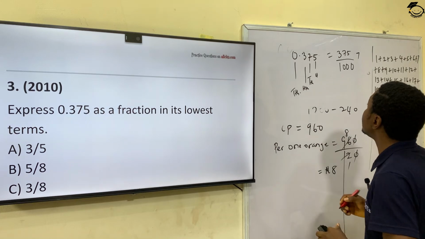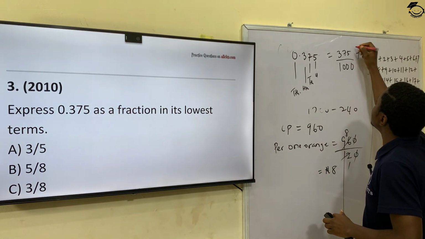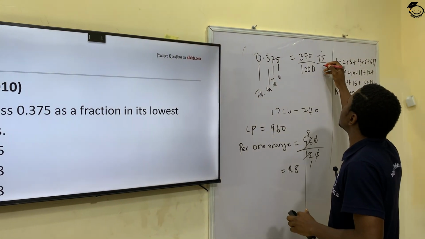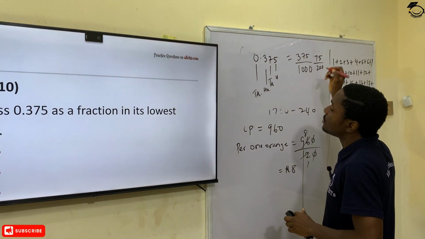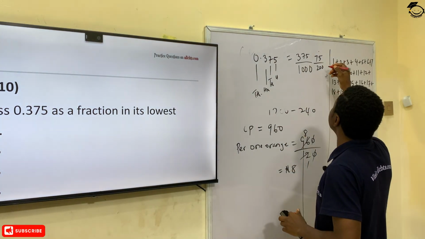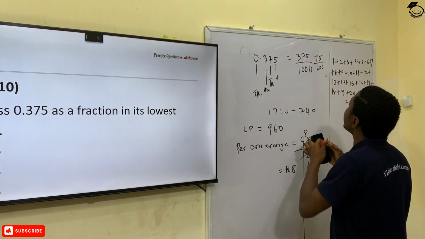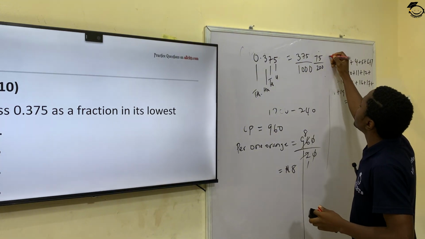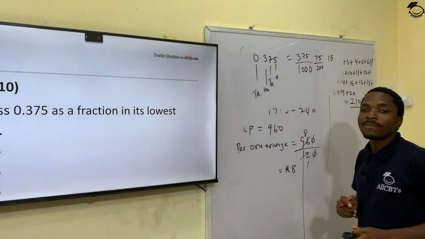Remainder 2, right? 5 in 25, 5. 5 in 1000, you have 200, right? 5 can still go. 5 in 75, you have 15, right?